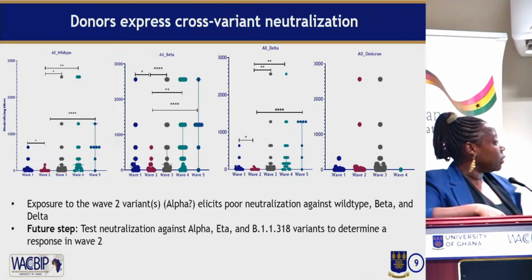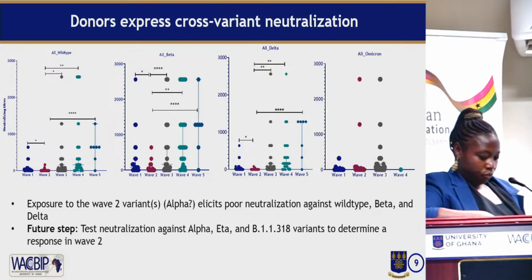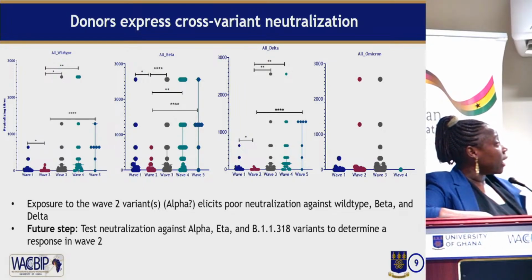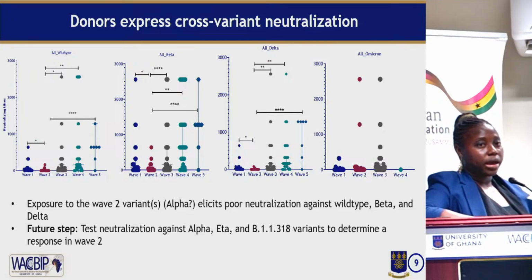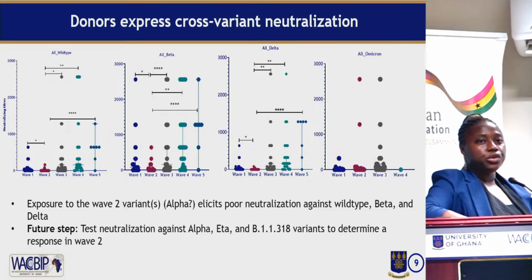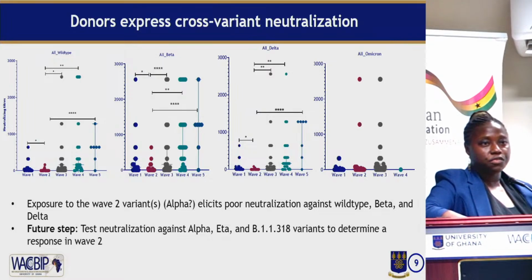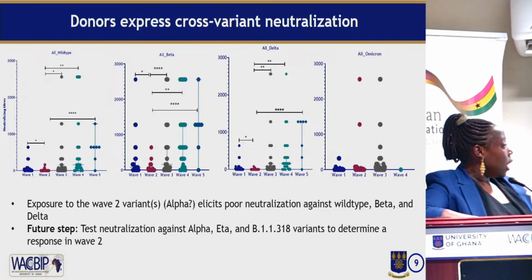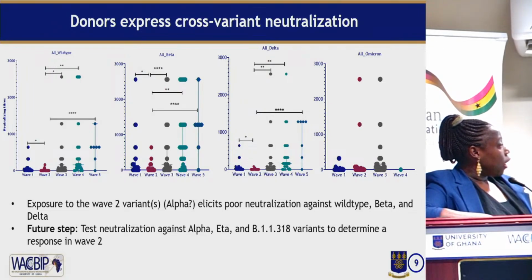When we ran the live virus neutralizing assays for the different samples against the different SARS-CoV-2 variants, I found that most of the donors were able to produce neutralizing antibodies against these 4 variants. So we were able to identify plasma samples that had cross-variant neutralization, and across the different waves.